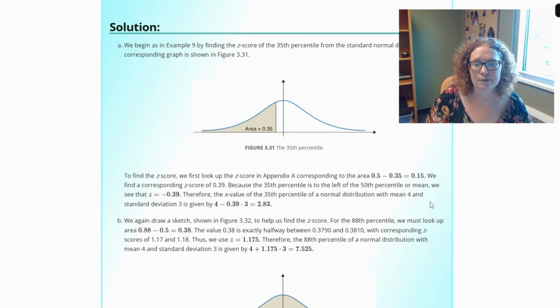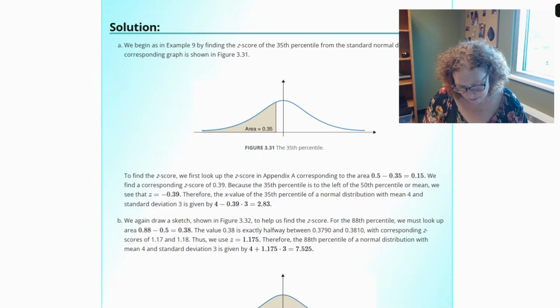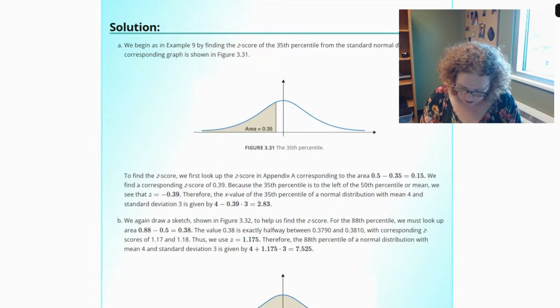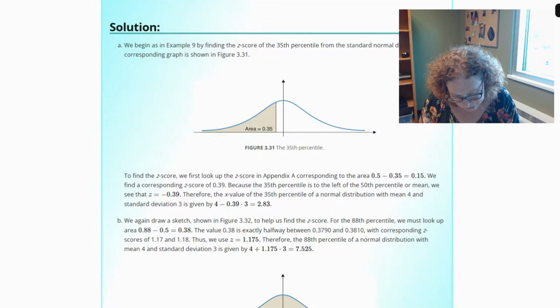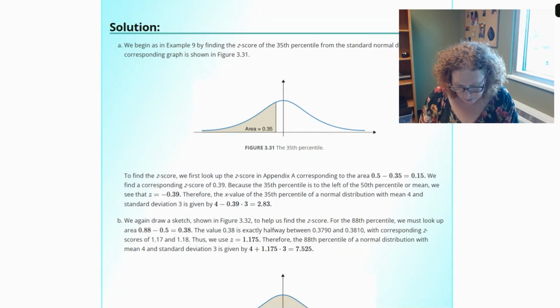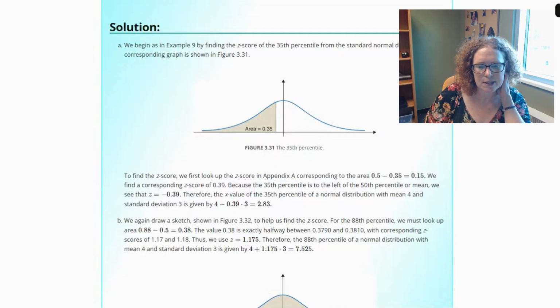And then we would find the z-score, so if I go to 0.15, we will see about, let's see, 0.5, yeah, 3.9, 0.517, the same, okay?